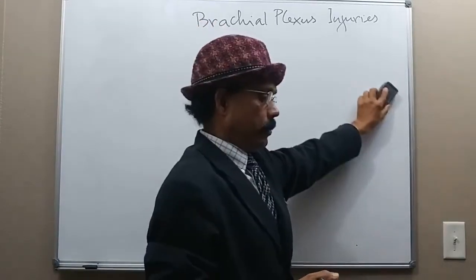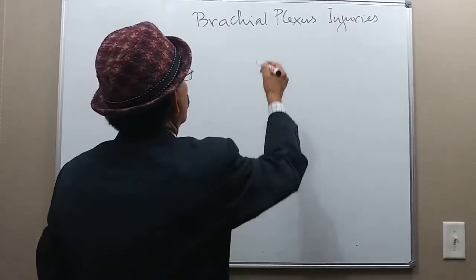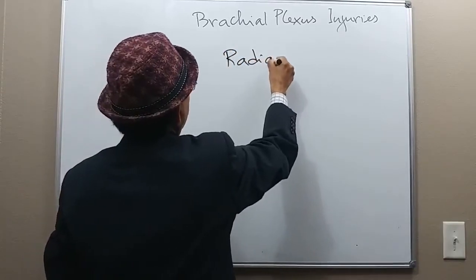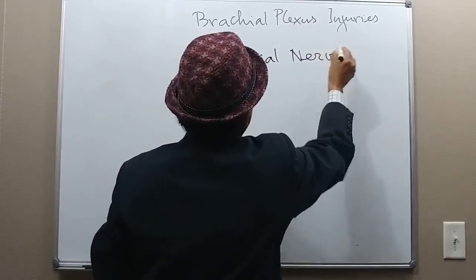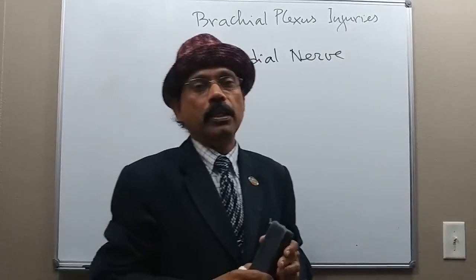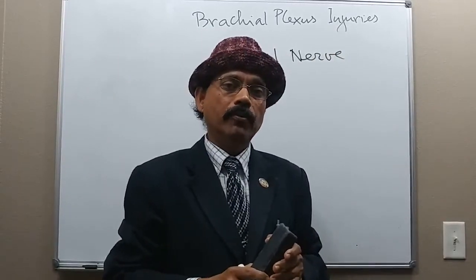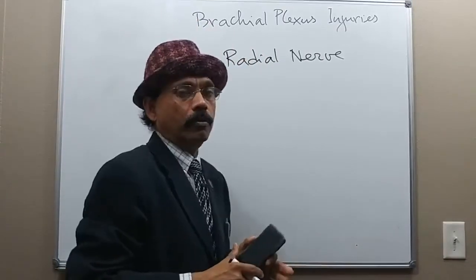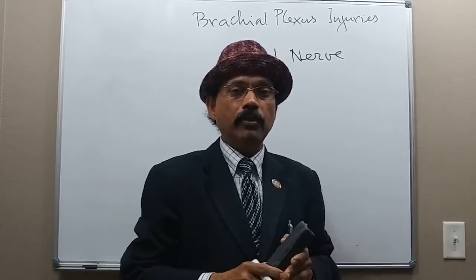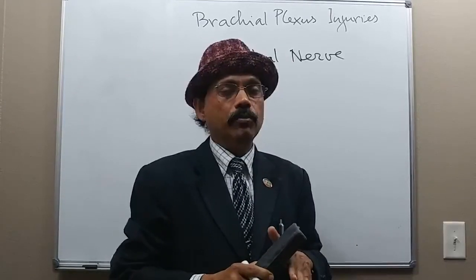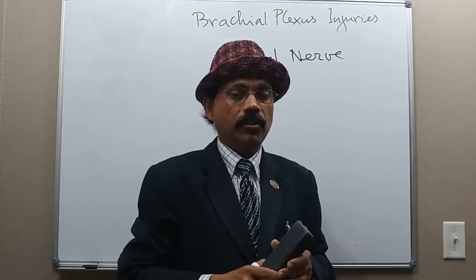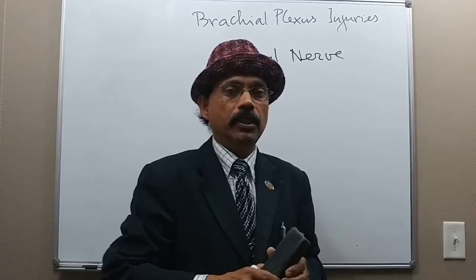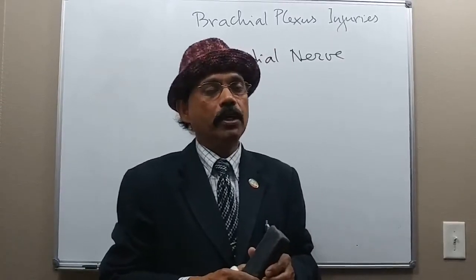Okay, we may have damage or lesion to the radial nerve. Radial nerve may be involved in the radial groove or spiral groove of the humerus, that is in the middle of the shaft of the humerus. Okay, the radial nerve goes through the lower triangular space or the triangular interval, then between the two heads of the triceps brachii muscle, along with the deep artery of the arm or arteria profunda brachii.